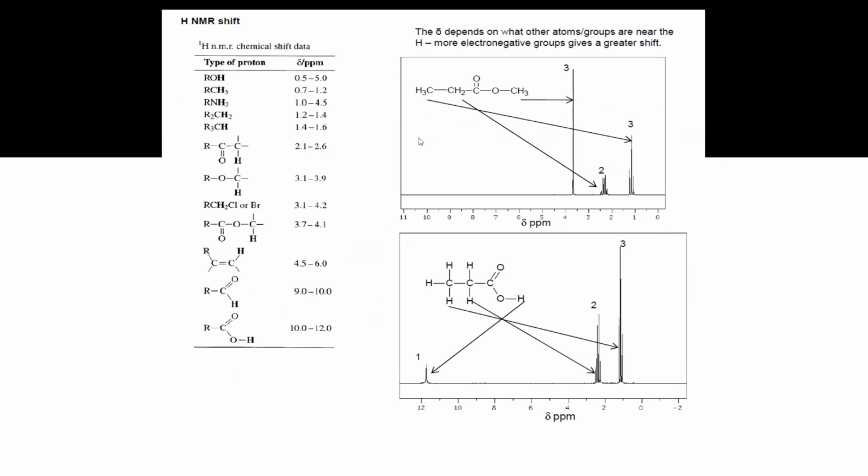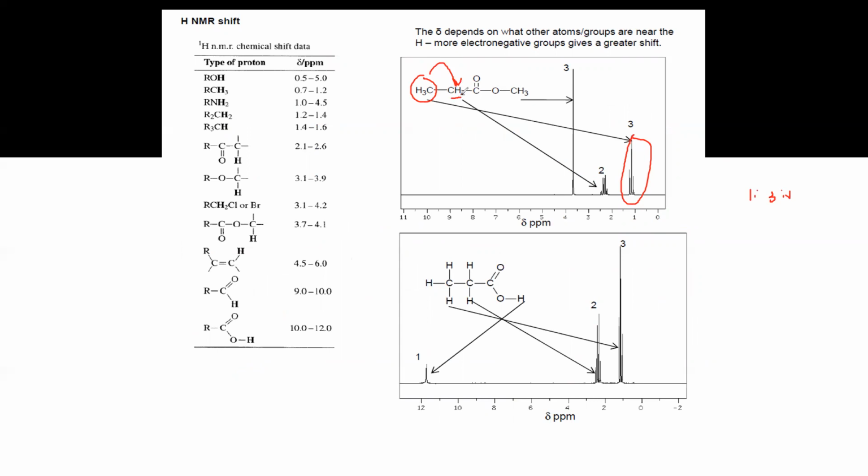So you can see the splitting patterns. For this CH3, the neighbor has 2, so it will be a triplet. A triplet is considered one peak, but this one peak is split in the ratio 1 to 2 to 1.